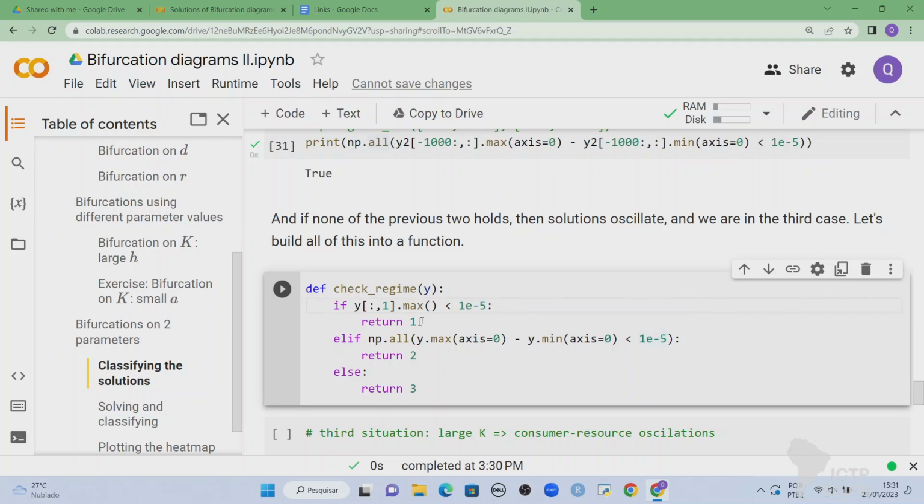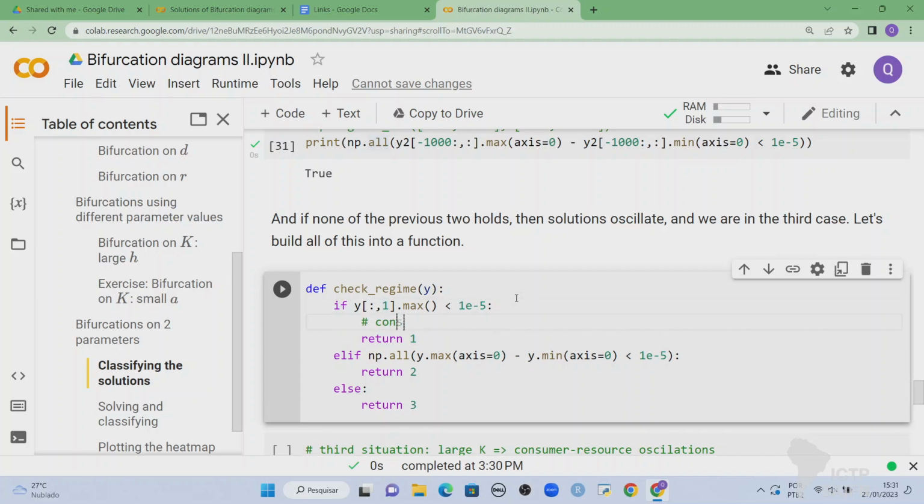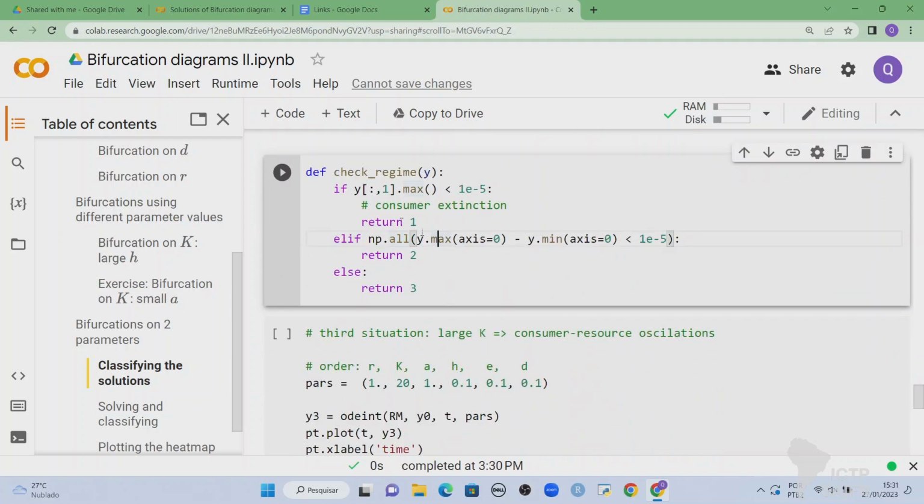If it is, this is consumer extinction, and I return 1. If this is not the case, else if, then I look at the amplitude and check if it is smaller than 10 to the minus 5. If both of them are true, the all over here, I return 2.